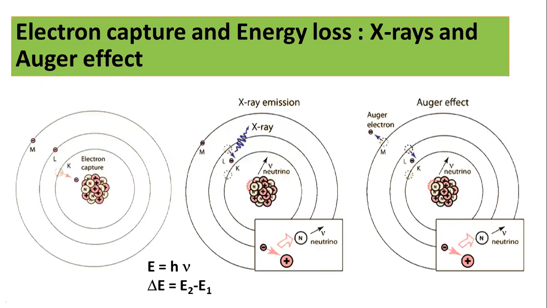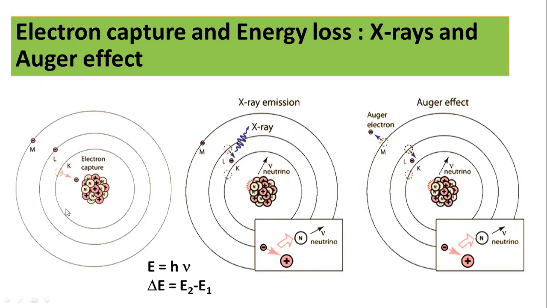So this is another way for the interaction of the radiation, and this is actually called the electron capture. You have already learned these processes from the different videos at the start of this course.